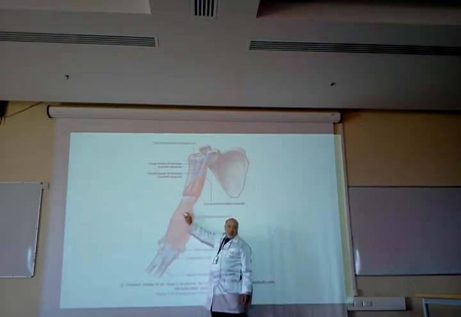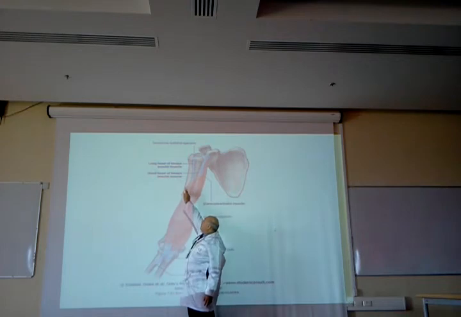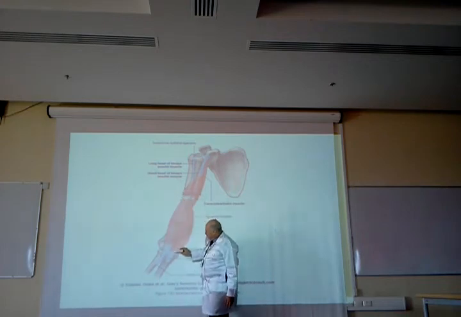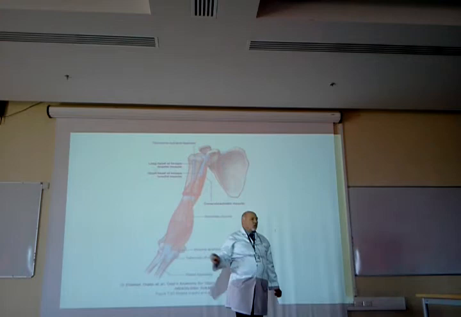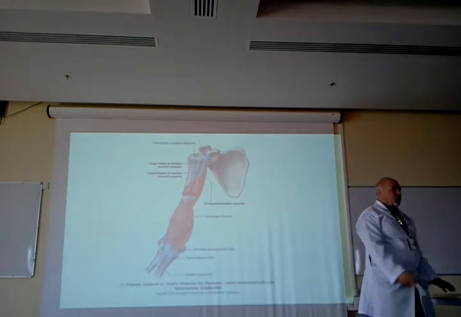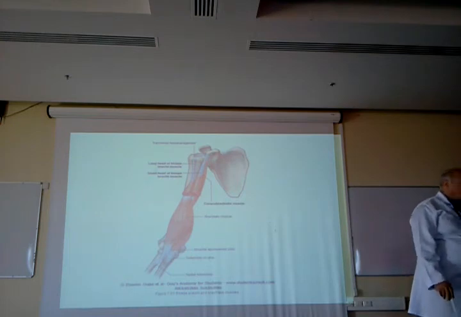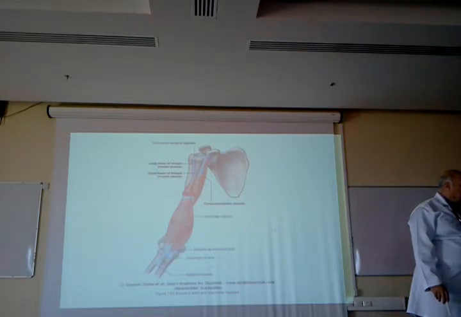I mentioned that it arises from the anterior surface of the humerus, embracing the insertion of the deltoid muscle, and also from the medial intermuscular septum and lateral intermuscular septum. Insertion is in the ulnar coronoid tuberosity. Nerve supply is a double nerve supply.